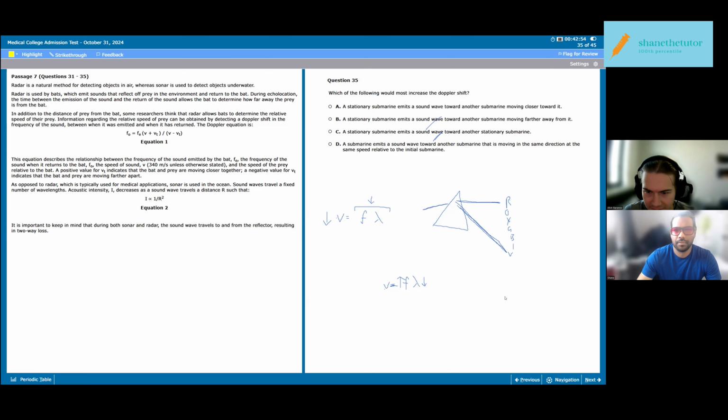Would you show the cross-out? Which of the following would increase the Doppler shift? Doppler has to do with things moving toward one another.